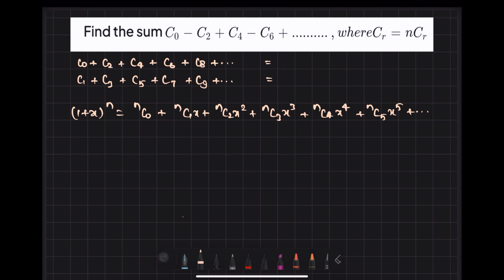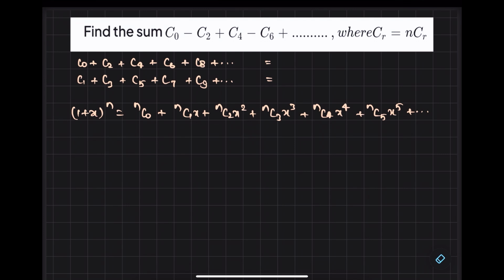Okay, so if we replace x with 1, we will get the sum of all binomial coefficients, but we want the sum of even lower subscript binomial coefficients. So for that, in the next case, we will replace x with minus 1. So wherever there is an odd component, we will have a negative sign, and then we will add both the equations.